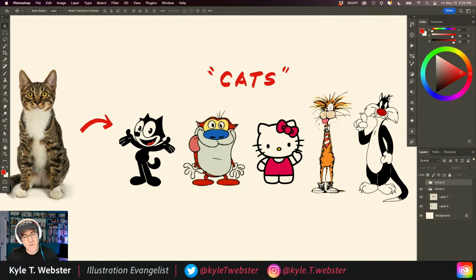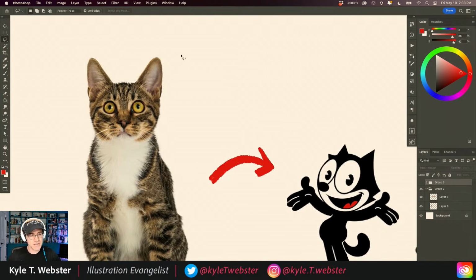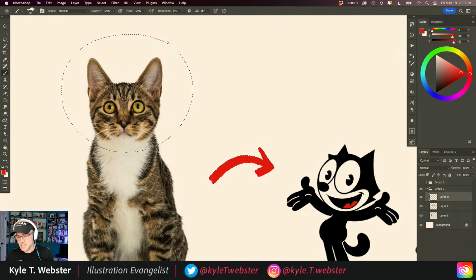Let's move on here. Now, if I were to tell you this is a cat, this is Stimpy from Ren and Stimpy, you might really have to stretch your imagination to believe that. And the things that are going to give it away, okay, now if we look over here at our subject, our source, and look at the head of a cat, one of the things you're going to see is that, in fact, you do have this kind of a mouth that breaks from a vertical line down from the nose.